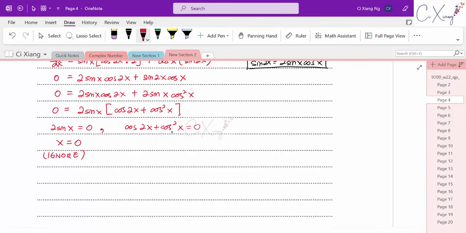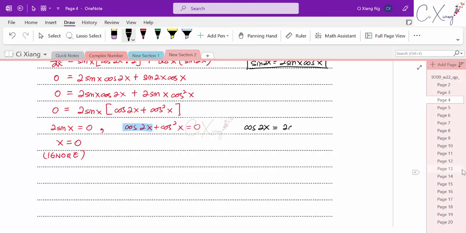To solve this equation, first step, we have to try to change this cos 2x into a single angle, alright? Cos 2x is a double angle formula, so we should apply the double angle formula for cos 2x so that we can change it to cos x.